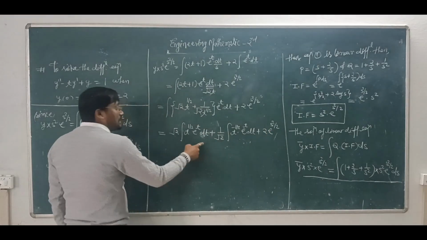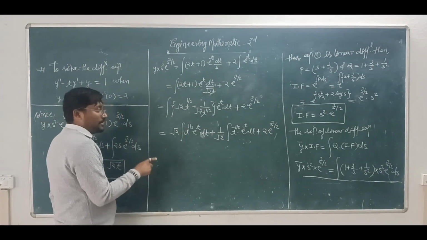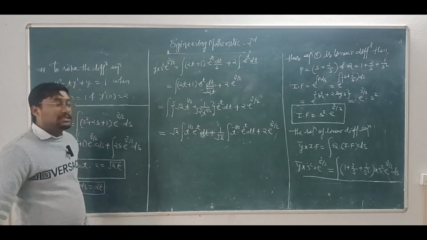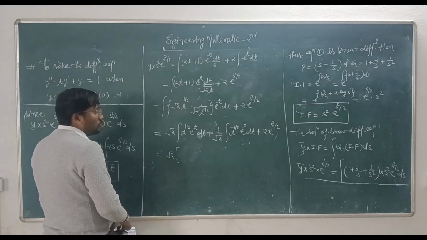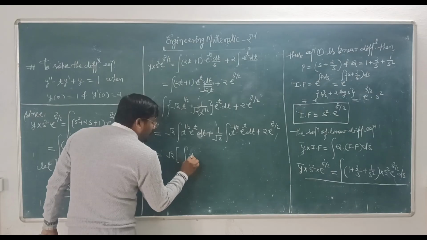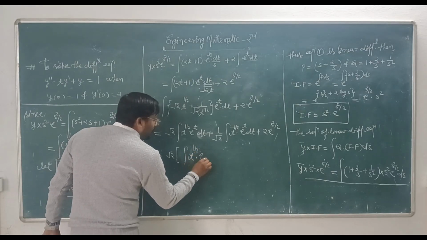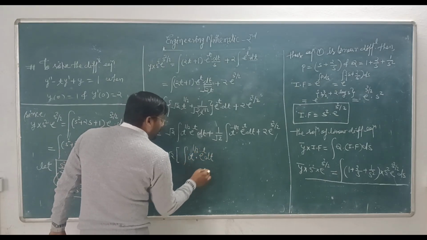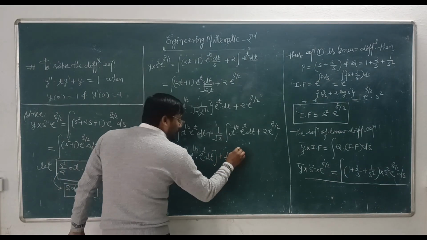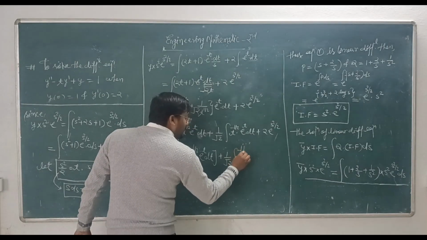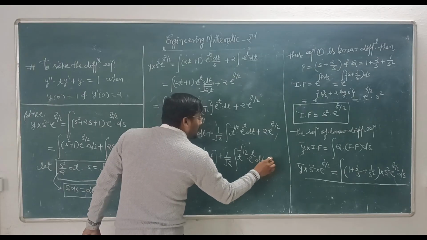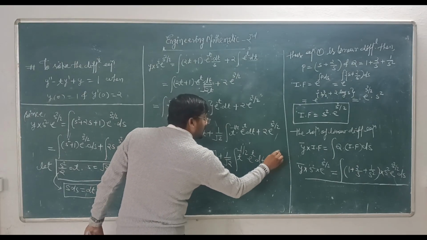Now you can solve this integration by integration by parts. First you can write this, this is a first root 2 integration e to the power t, 1 by 2 into e to the power t dt plus 1 by root 2 integration t to the power minus 1 by 2 e to the power t into dt plus 2 e to the power s square by 2.